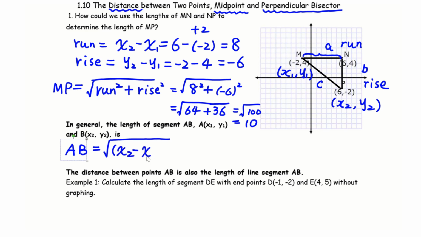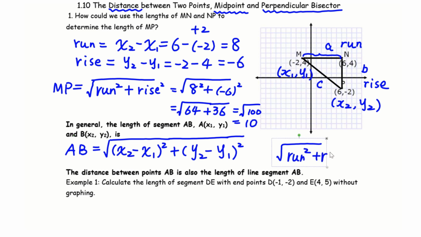So x2 minus x1 squared, this is your run squared, plus the rise squared. Rise is the difference y2 minus y1, squared. So this is the first formula for this video. The distance between 2 points is just run squared plus rise squared, then square root.